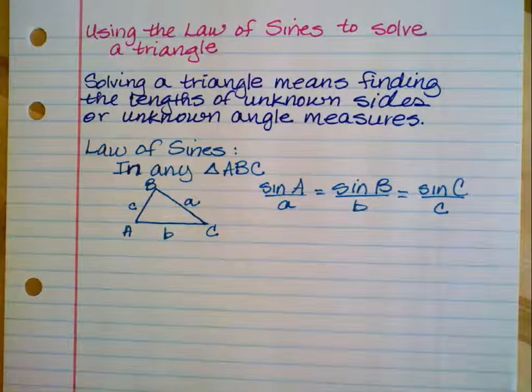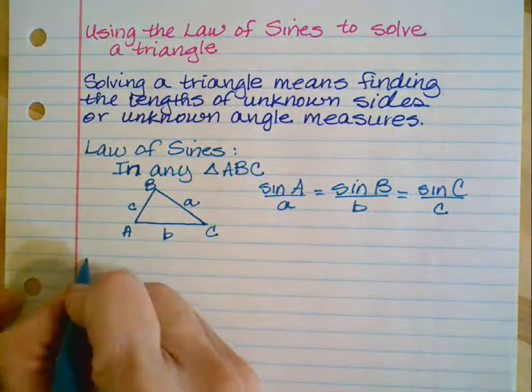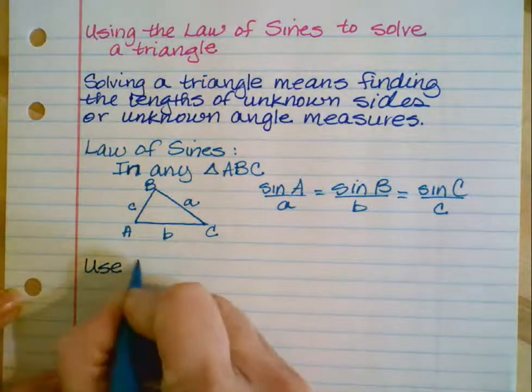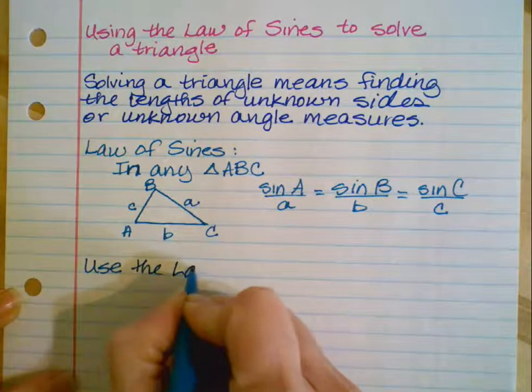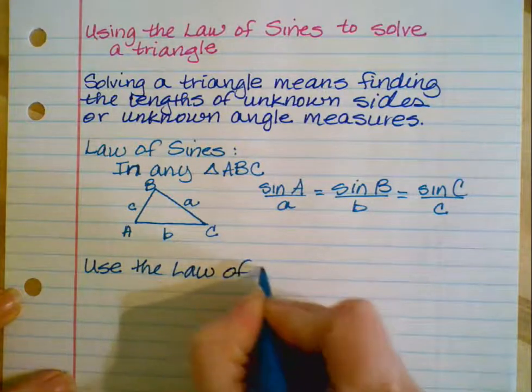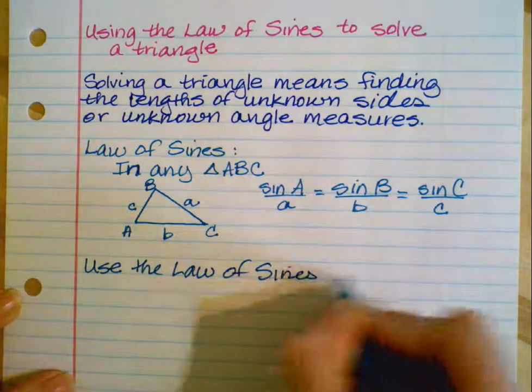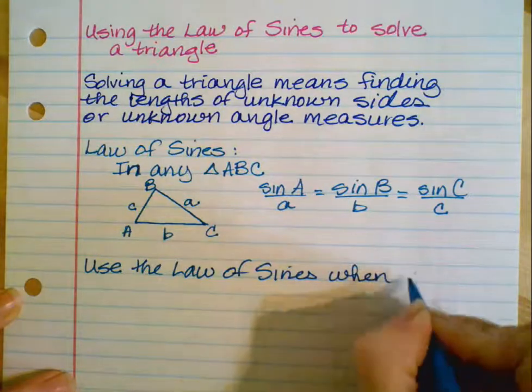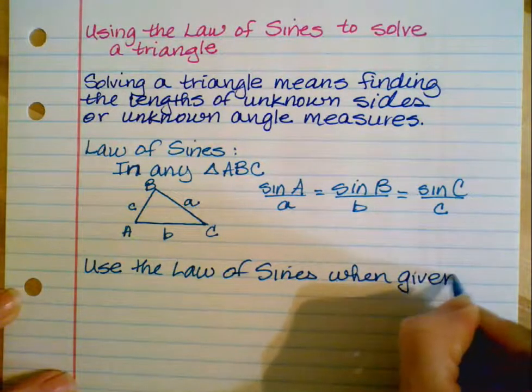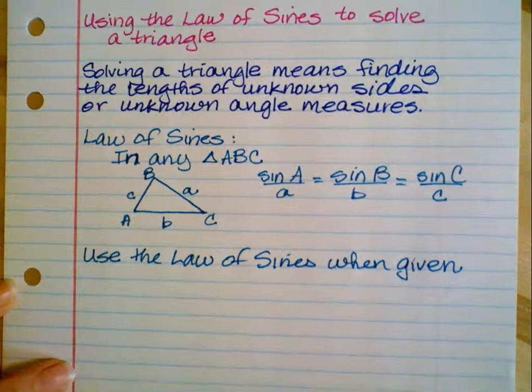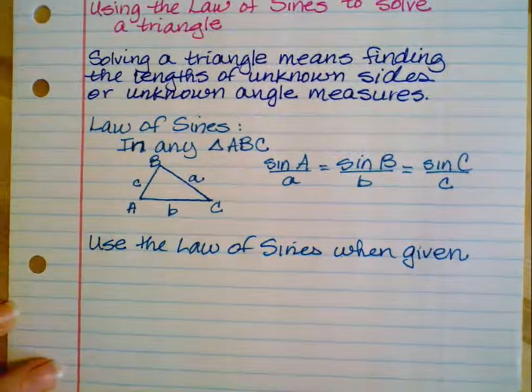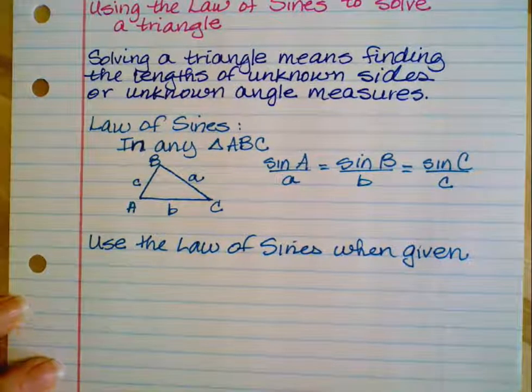For the law of sines specifically, you're going to use the law of sines when given one of two possibilities. Now, notationally, this is going to look very familiar. It's something you would have used when you talk about congruent triangles.